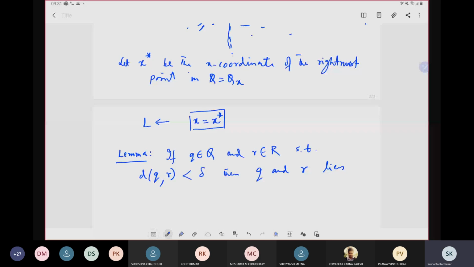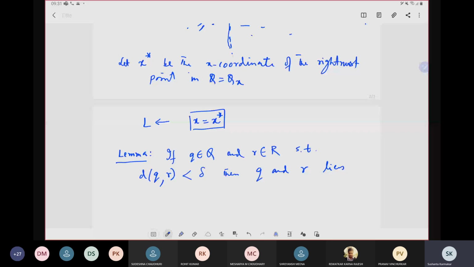So let's say I draw another vertical line which is at a distance delta from this line, and another vertical line which is at a distance of delta from this line L. So the idea of the lemma is this: if such a Q and R has to exist, where their distance is smaller than delta, then they must lie within a distance of delta from this L.